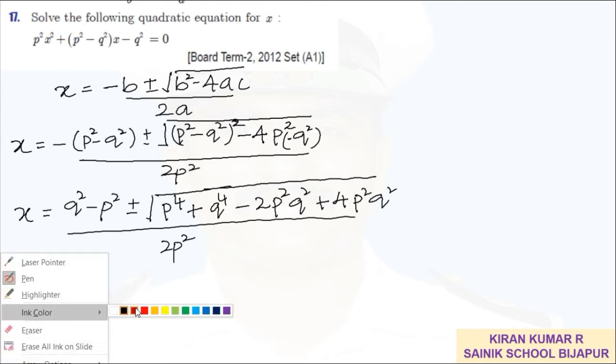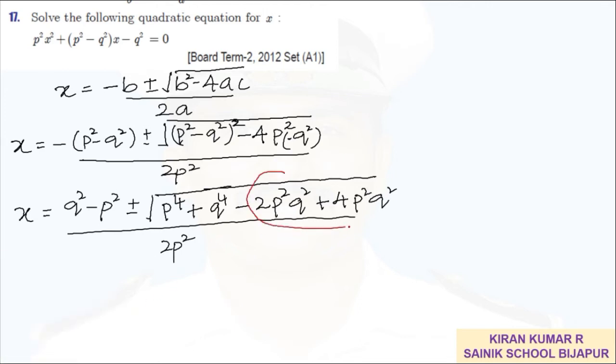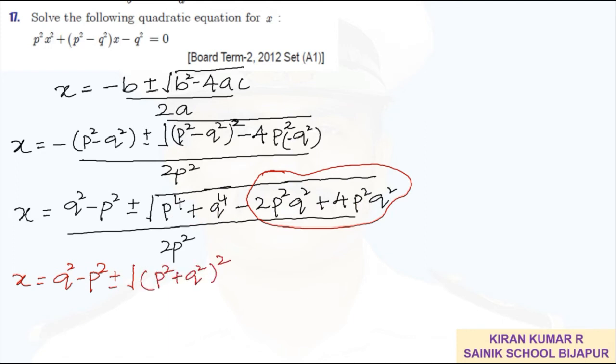Observe properly, these particular terms we can simplify and it becomes q square minus p square plus or minus root of, this becomes positive 2 p square q square. When you use that along with p raised to the power 4 and q raised to the power 4, it becomes p square plus q square whole square, divided by 2 times p square.